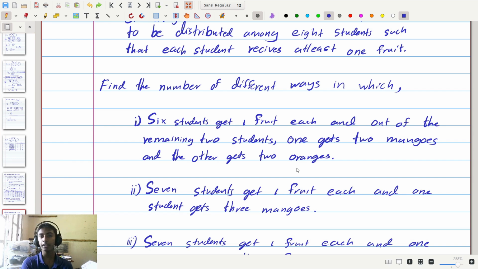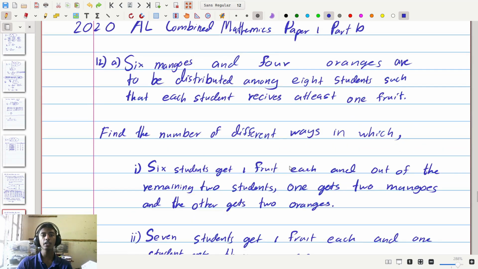In which case it's kind of more forced, in that instead of finding every possible way that this could happen as some random distribution, we could instead consider the teacher to be selecting a specific person out of the crowd of 8 people to get the 2 mangoes and another person out of the crowd to get the 2 oranges.